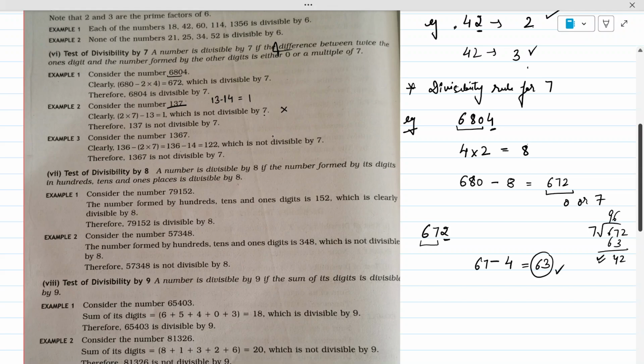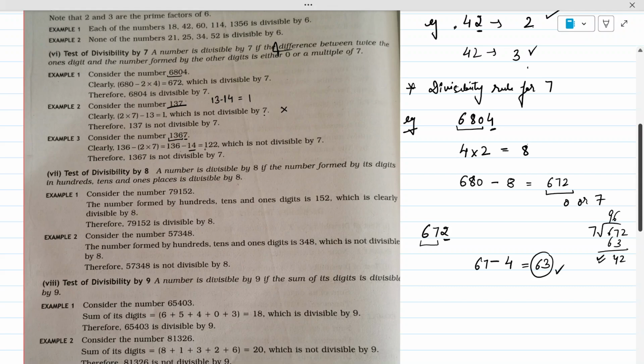Another example they have given is 1367. We will take 7 and twice of this, which will be 14, and this 14 will be subtracted from the rest of the number, that is 136, which will give us 122. This 122 is not 0 and neither is it divisible by 7.